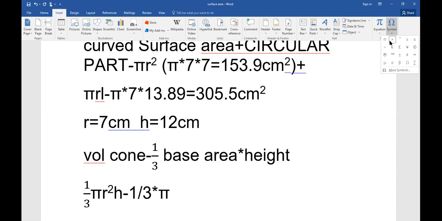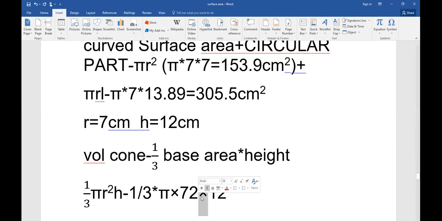You also multiply by 7 squared, and then you multiply by 12. So you know that it is times, and then you multiply by 12. This one is 7 squared, not 72.